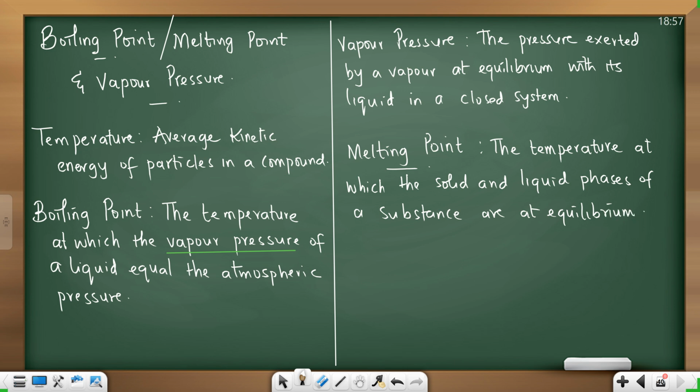When something is melting, it's between liquid and solid. So it is the temperature at which the liquid and the solid phases are at equilibrium.